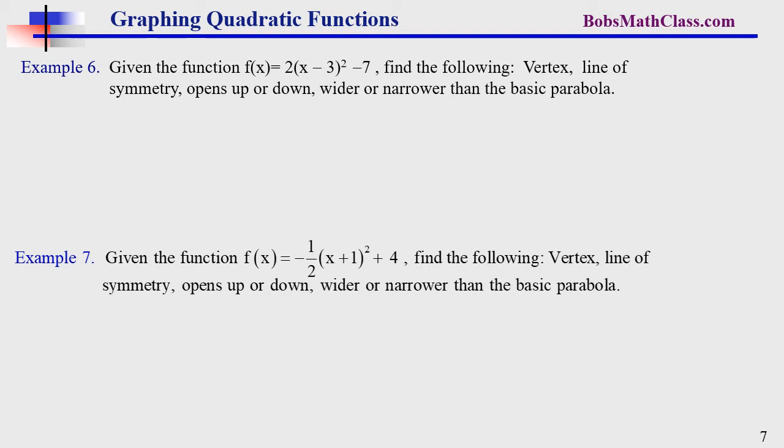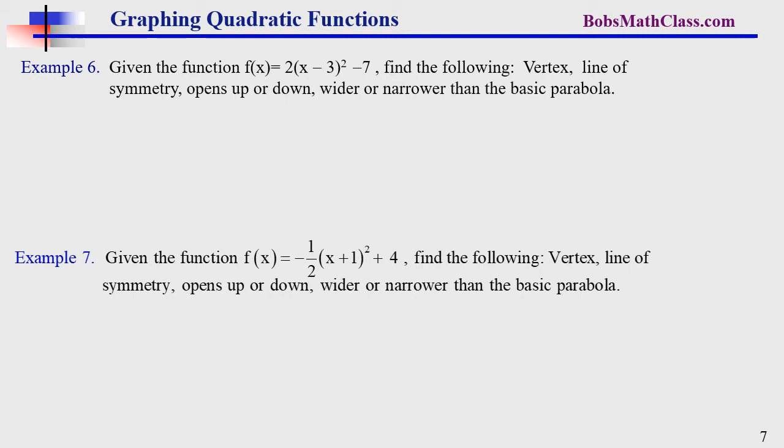Given the function f of x equals 2 times x minus 3 squared minus 7, find the following: vertex, line of symmetry, opens up or down, or wider or narrower than the basic parabola. Okay, so first thing is vertex. Vertex is h comma k.